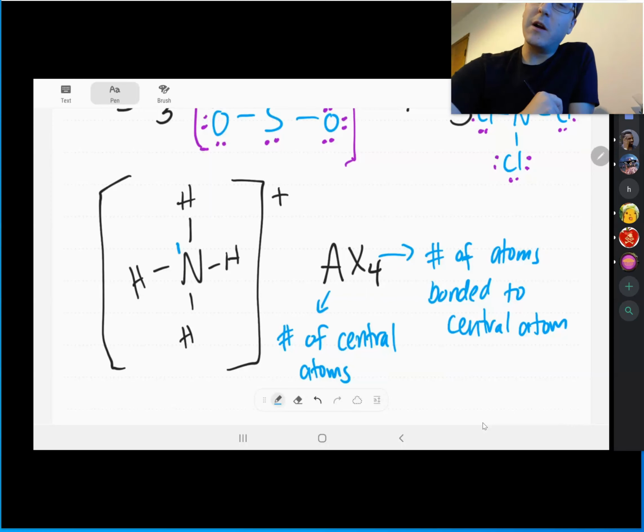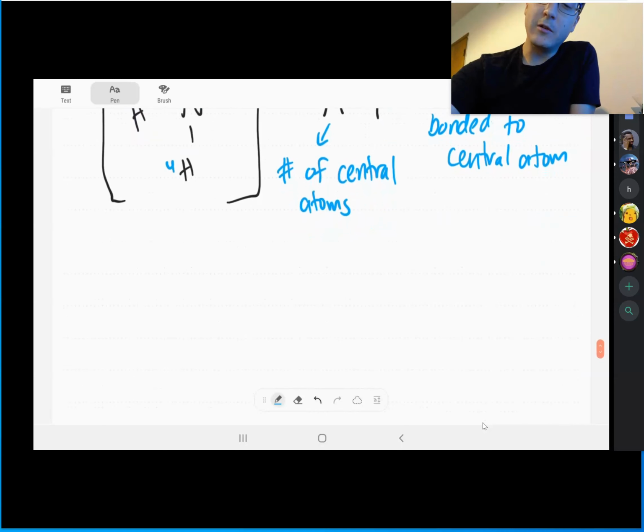So we can see we have one central atom, 1, 2, 3, 4 outer atoms, and therefore this will be AX4. Okay? Is that okay? Don't see any questions coming up, so cool, great.